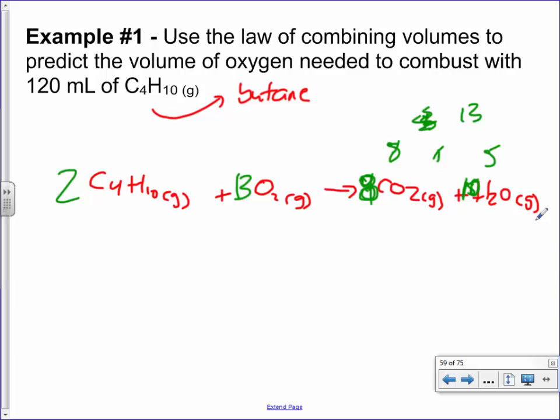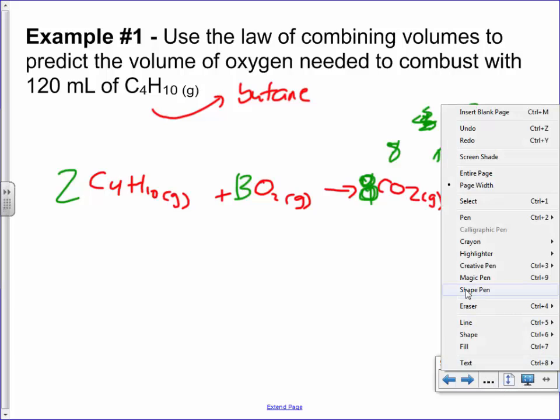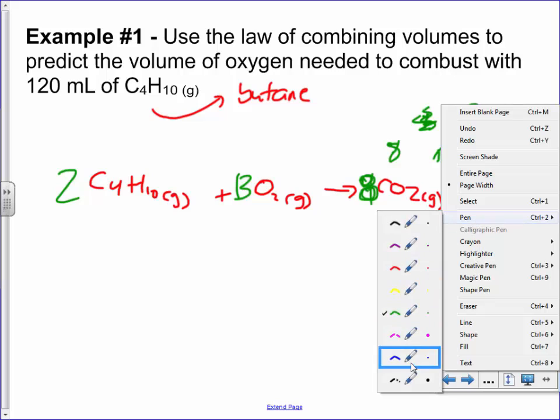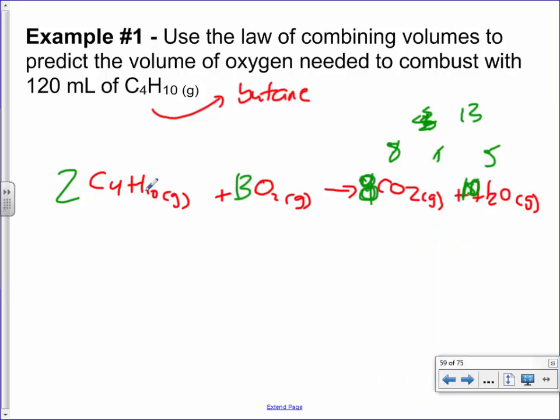So, okay. Here's the point that Avogadro had. If you have, say, 120 milliliters of butane, we can actually predict how much volume of oxygen would be required for this to work. It's really based on the fact that equal volumes of gases have equal numbers of molecules.